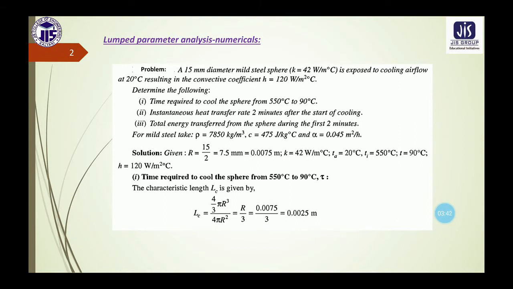So it will be 4 by 3 pi r cube divided by 4 pi r square, so ultimately we get r by 3. The value of r is given, that is 7.5 millimeter, that is 0.0075 meter. So ultimately we get the value of the characteristic length as 0.0025 meter. In this way we have calculated the characteristic length first.